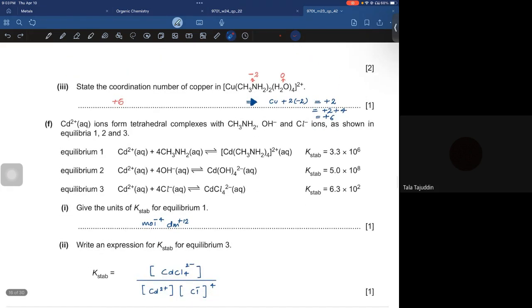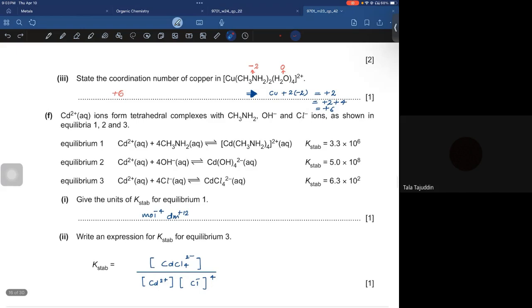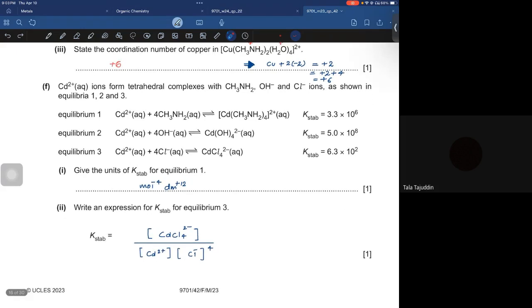And then they are saying cadmium 2 plus ions form tetrahedral complexes with CH3NH2, OH minus and Cl minus ions, as shown in equilibrium 1, 2, 3. Give the units for K stab for equilibrium 1. Can you solve it? Are you getting the same unit as I did?